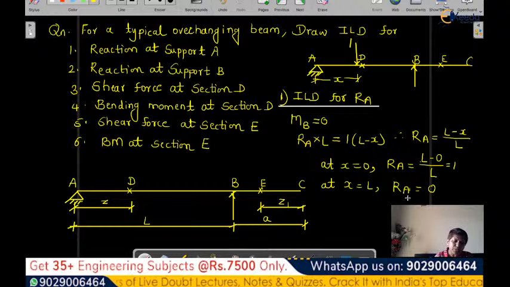Now once we get this, let's bring this unit load to the BC portion. Here, let me just write in one line that the unit load is in between AB.